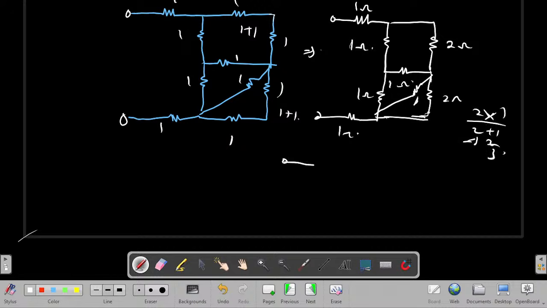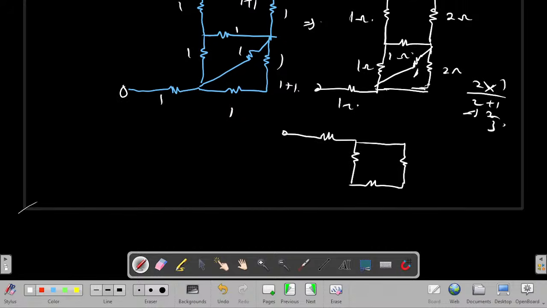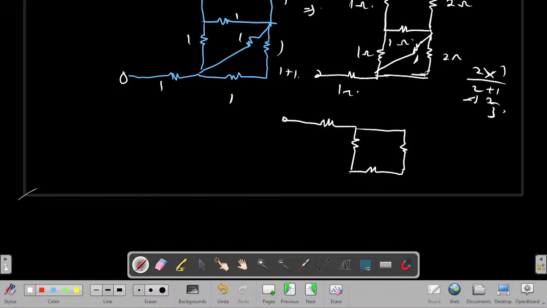Therefore, I'll simply have this here, this here, this here, and this here. Then this and this will combine to give that. So here is 2 over 3 now.